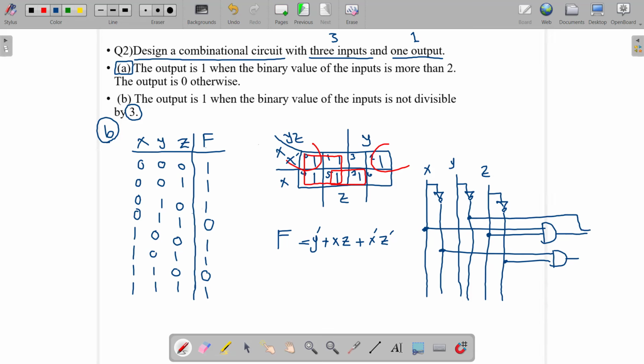So all three are ORed together to make the new f in this form that you can see. That was the question number 2.